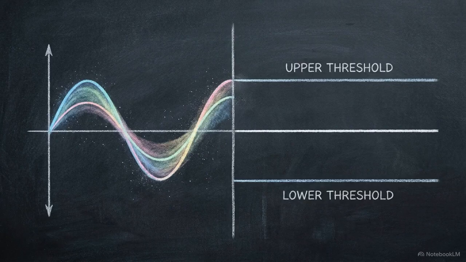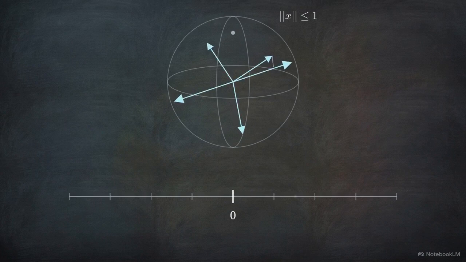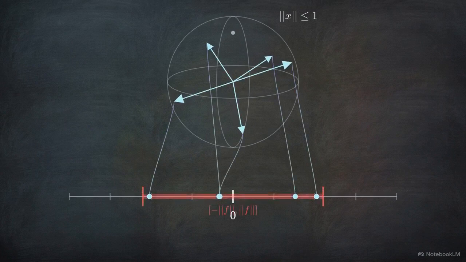A common point of confusion is whether we must prove continuity and boundedness as separate properties. Kreyszig's theorem 2.8-3 proves that for linear functionals, these two concepts are mathematically equivalent. If a functional is bounded, its output is physically constrained. This constraint prevents the output from changing infinitely for a finite change in input, which is the definition of continuity.